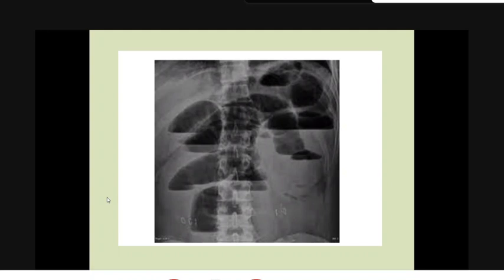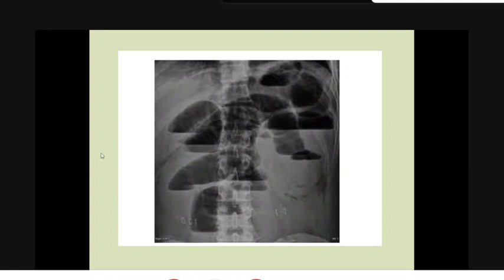We can see dilated gas-filled loops of small bowel on the supine radiograph, and multiple fluid levels on the erect film. So the signs that indicate intestinal obstruction are multiple dilated bowel loops on the supine film and multiple air fluid levels on the erect film.